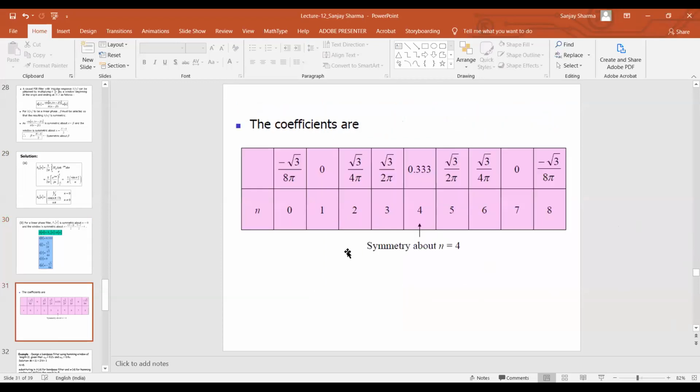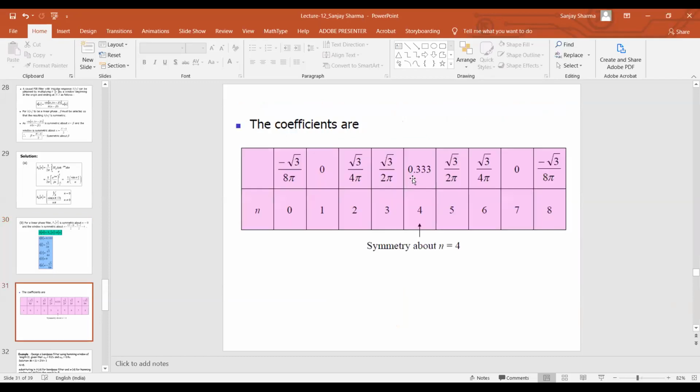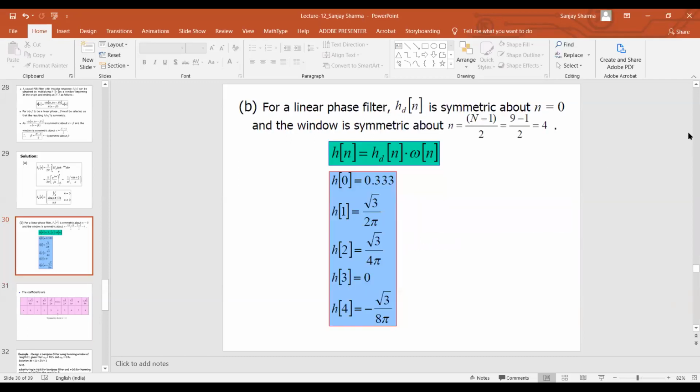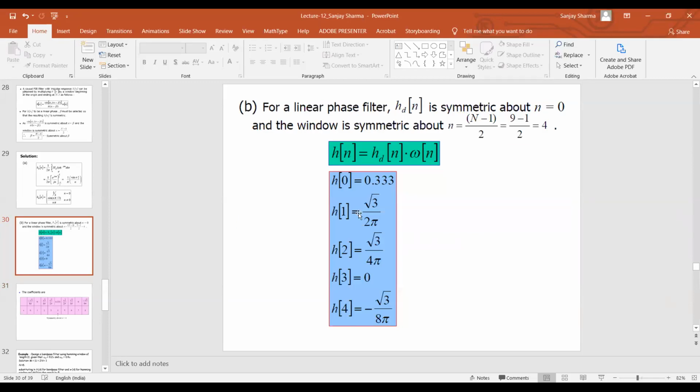Now, what we need to do is shift the impulse response to the right by a factor of 4. That means H0 will become H4, H1 will become H5. So it is shifted by 4.